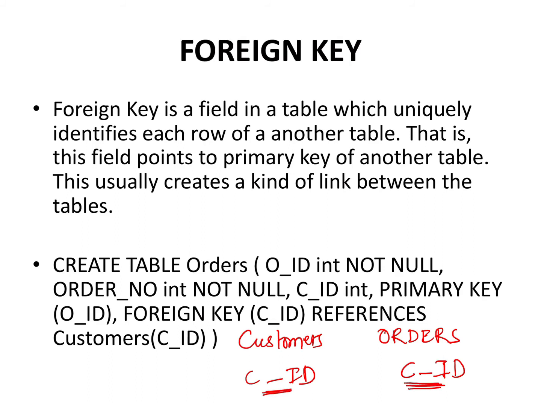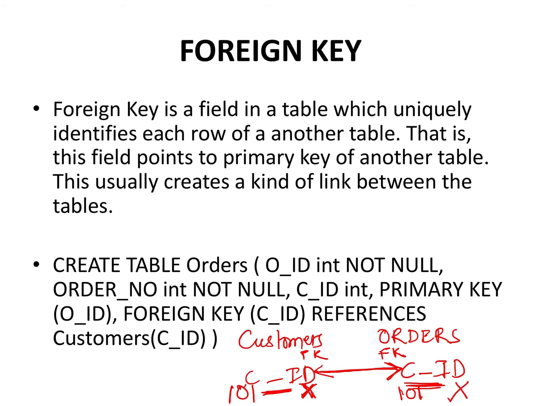Whatever entries are here should be here, and whatever entries are here should be here. When I establish the relationship between them with the help of the foreign key and primary key, if any entry is deleted here, supposing one particular customer is no more dealing with the company, say customer number 101 is deleted, then automatically, with the help of referential integrity, 101 will be deleted here also.